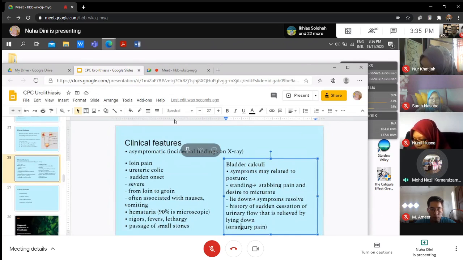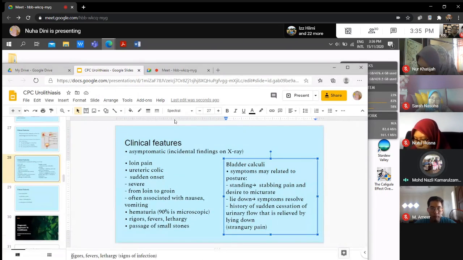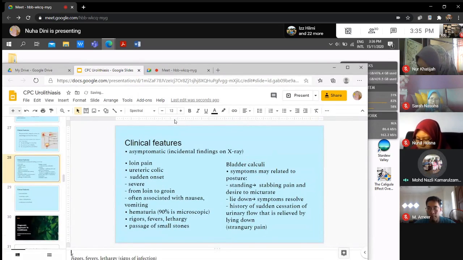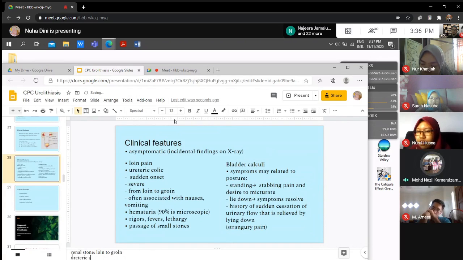I forgot to remind that in anatomy, near the tip of the penis there is a dilated area, and sometimes the stone can get stuck there and the patient presents with acute urinary retention, but it's not common.